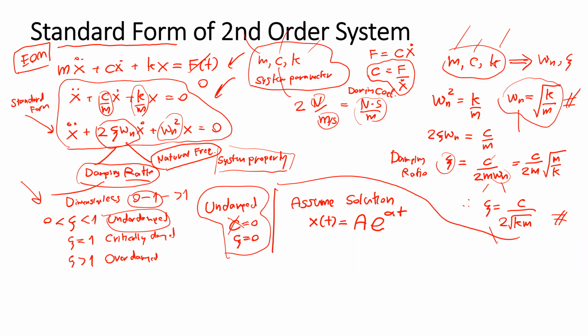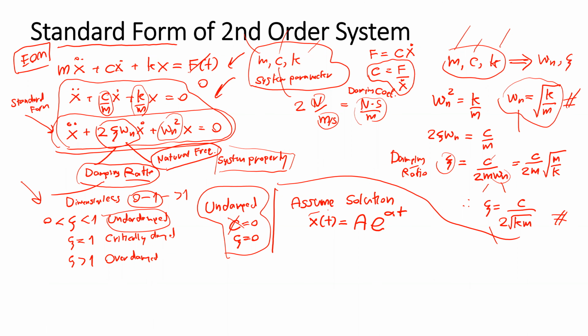And the next step I want to do is, how can we obtain the root of the standard form? The root of the standard form will relate to the response of the system.